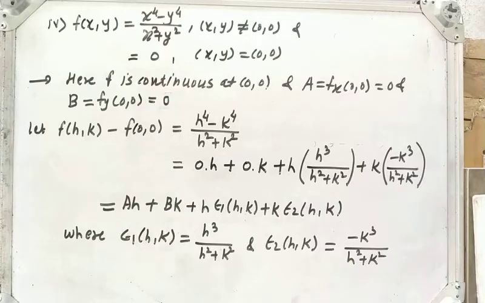Now here what we will check is whether epsilon 1 of hk tends to 0 as (h,k) tends to (0,0) or not. If that is satisfied for epsilon 1 and epsilon 2, then we can say that the function is differentiable at 0.